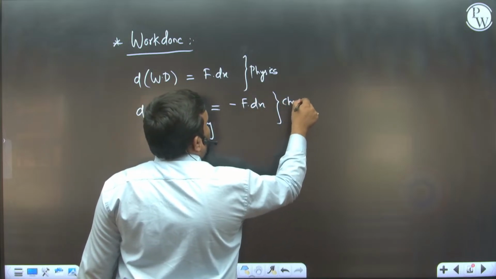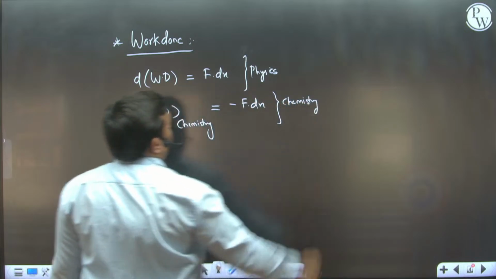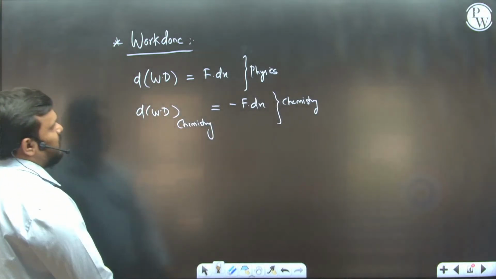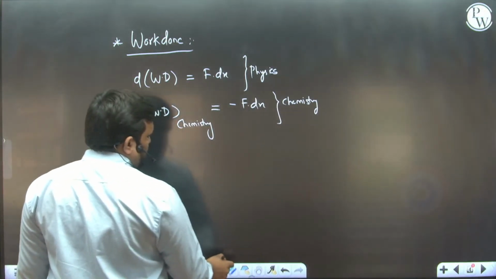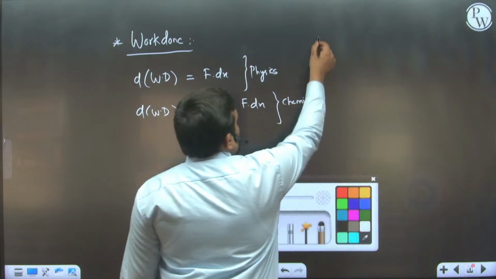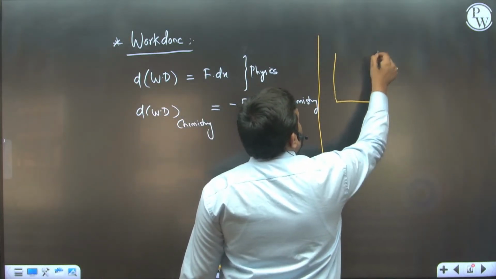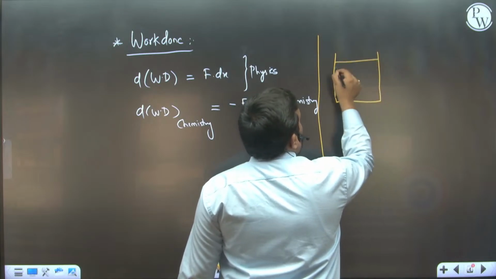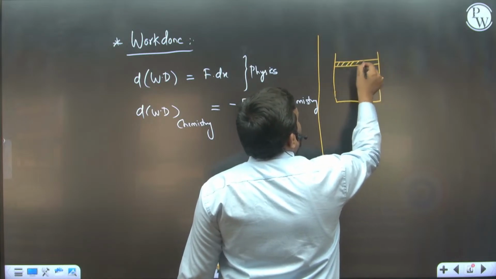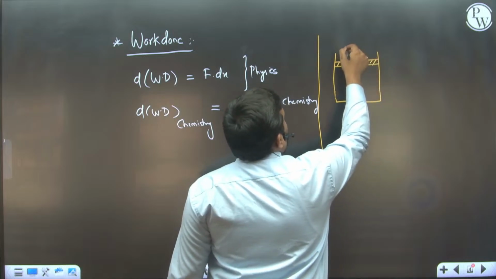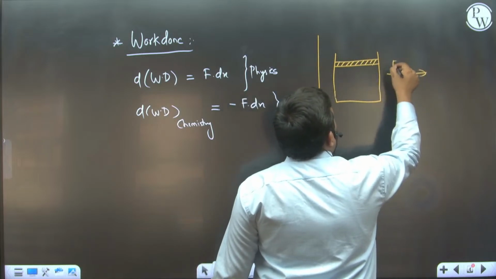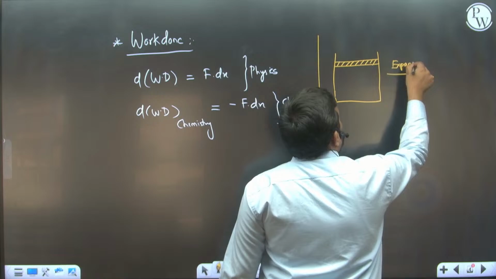For chemistry, we will be having this minus force into small displacement dx. So let us have this displacement. We are having this system, and here a movable piston is there. And suppose we are having expansion over here, expansion.